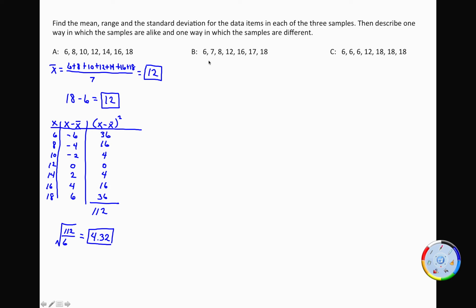Okay, let's do it again. Let's find the mean by adding these up. 6 plus 7 plus 8 plus 12 plus 16 plus 17 plus 18 divided by 7.